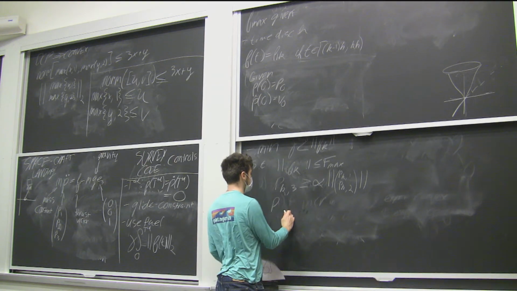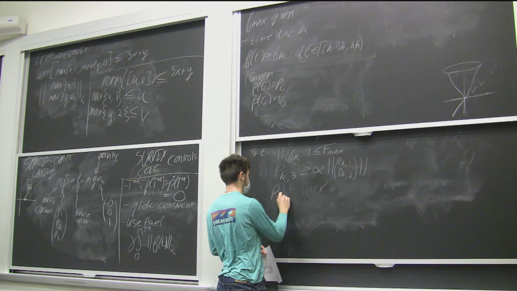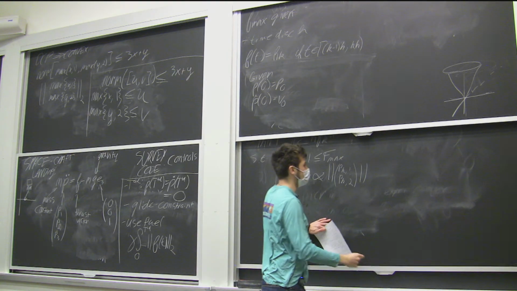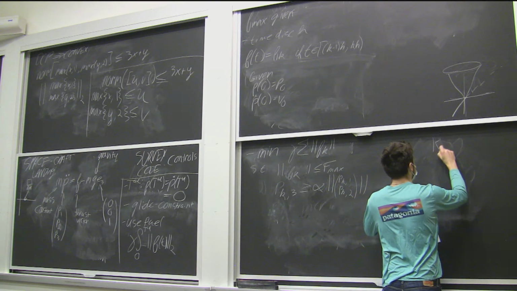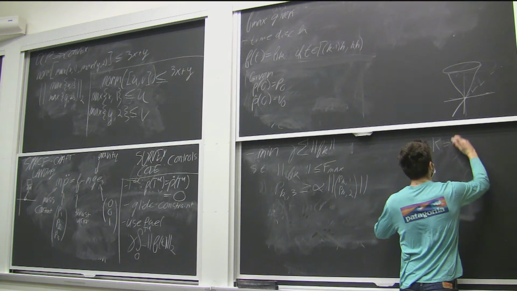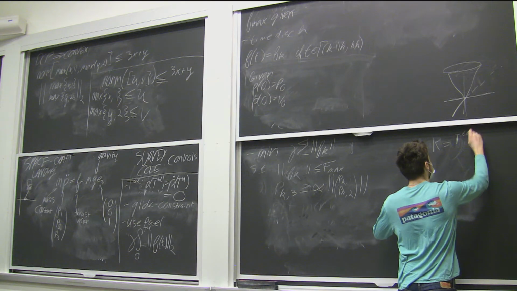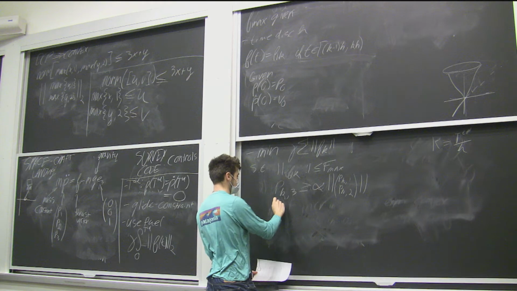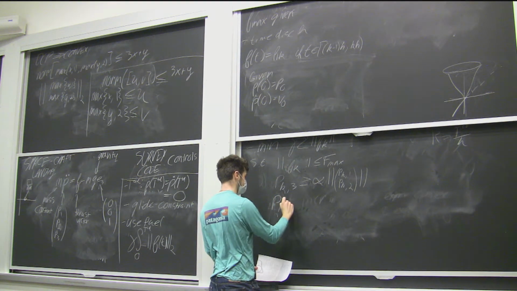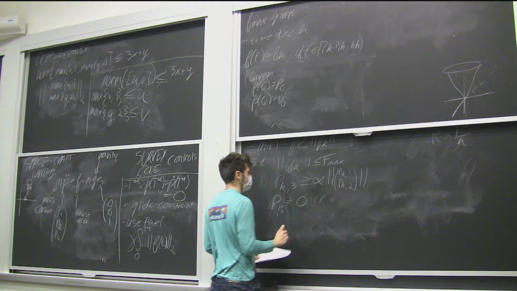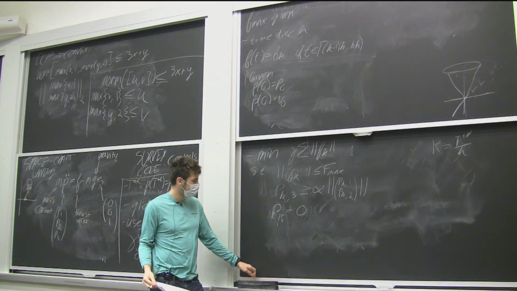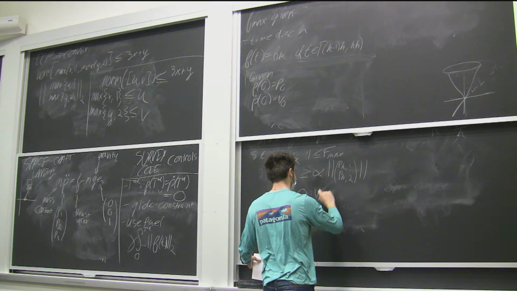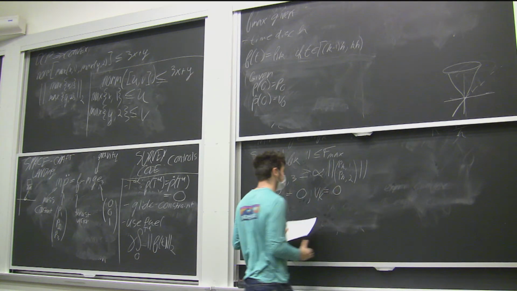I'm just going to make capital K equal to the final time, TTD over H. So my final condition is that I need to be at 0 and I need to be not moving.